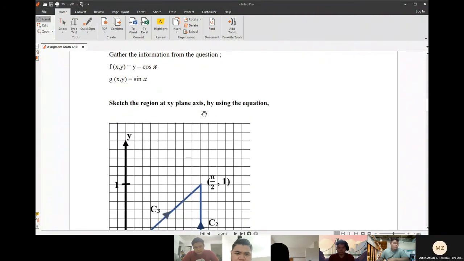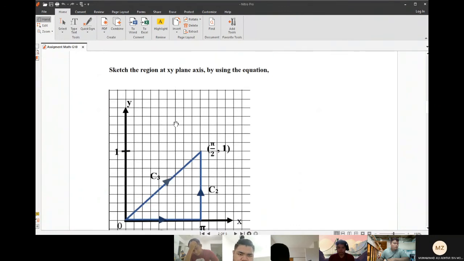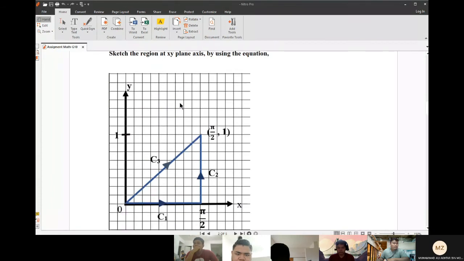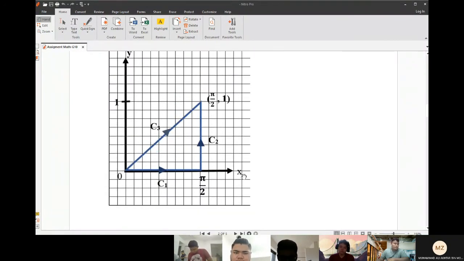Then we sketch the graph in the xy plane from the equations given in the question, and we get the graph like this.